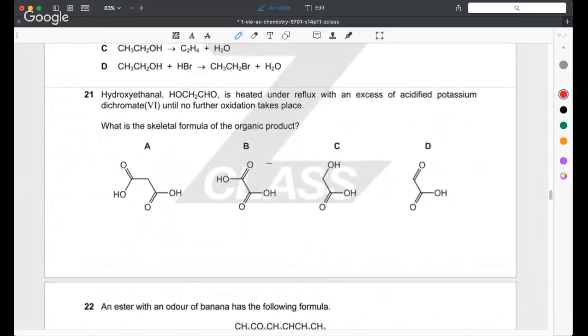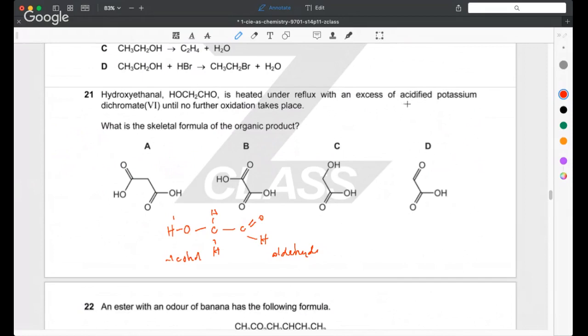Okay, so if I write out the full displayed formula for this chemical, was it hydroxyethanol? You've got an alcohol at one end of the molecule, and at the other end you've got an aldehyde.